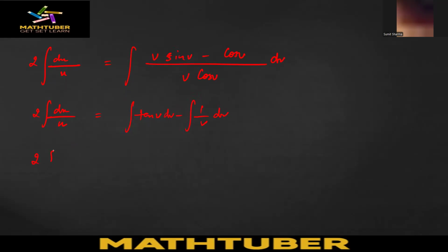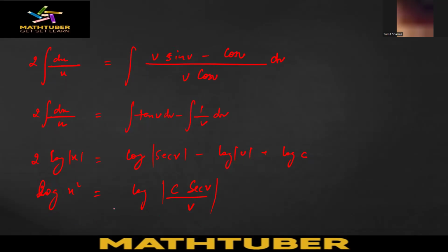So now this is 2 log mod x, and the integration of tan v is log of sec v minus log of v plus log c, as the whole equation is in a log. So this 2 can also be taken as the power of x here. So you will get log of x square is equal to log of c sec v upon v.